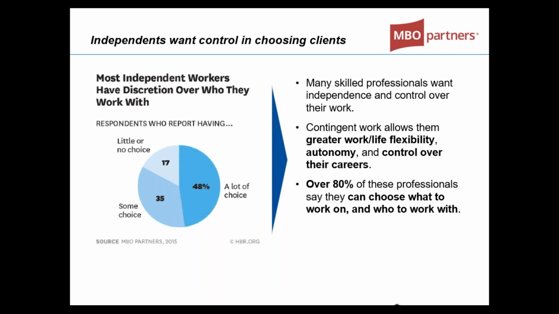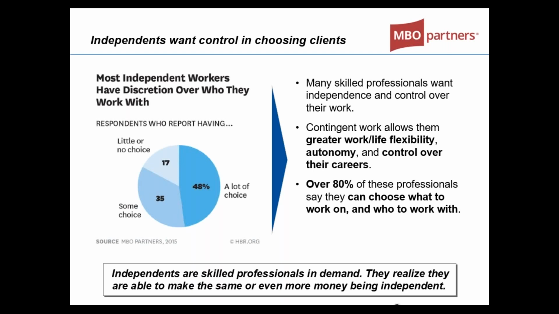It offers up more autonomy and control over their careers, knowing that employers continue to restructure, whether it's outsourcing or economic downturn or cost reduction opportunity. This is leading to independents having more control over their careers and having more autonomy and work-life balance.